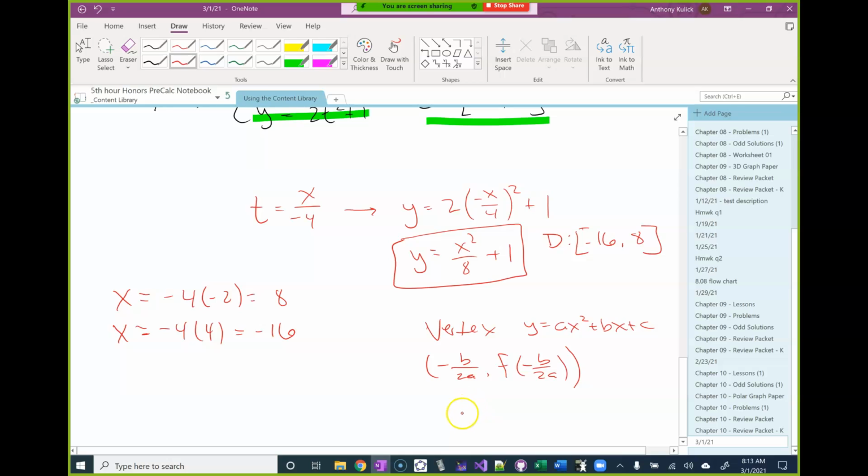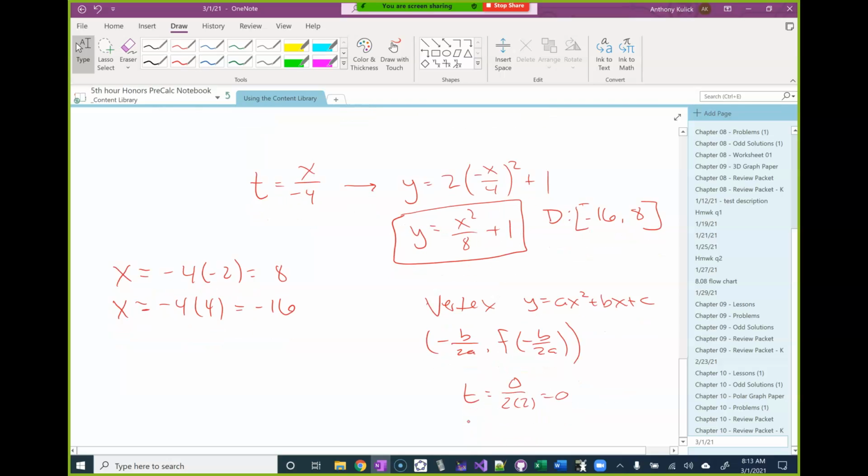So in our case, our vertex is going to be located at 0 over 2 times 2, 0. And if I plug 0 in, I get 1. So my range begins at 1. Everybody okay with that?